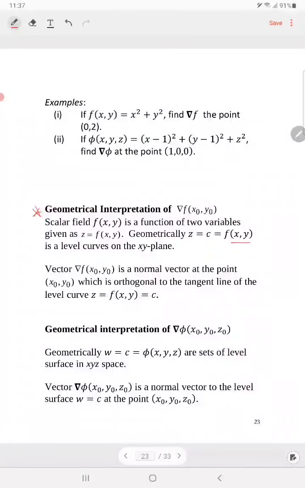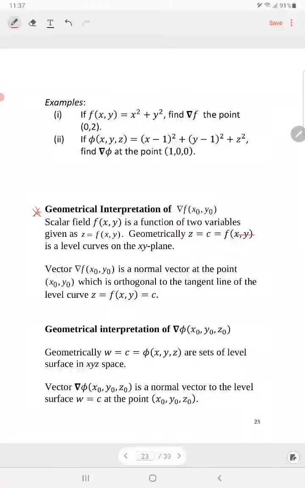Once you replace x with a value, y with a value, you get a value c. So f(x,y) equals c, and the gradient of f is actually the normal vector to the level curve on the xy plane.